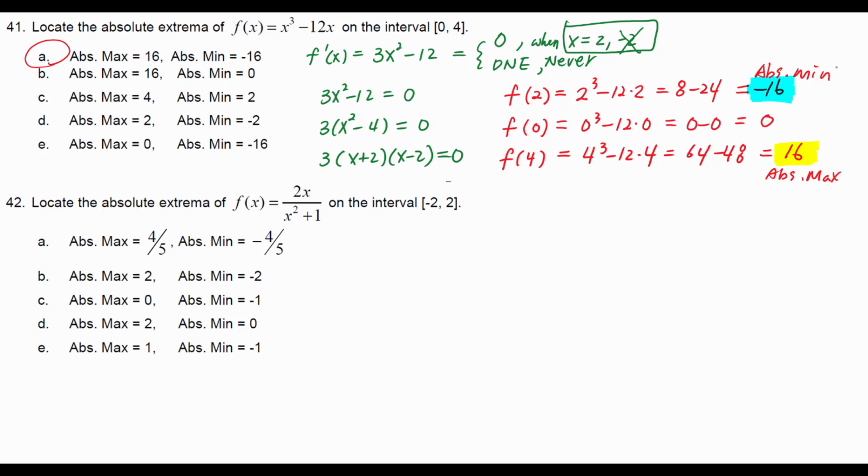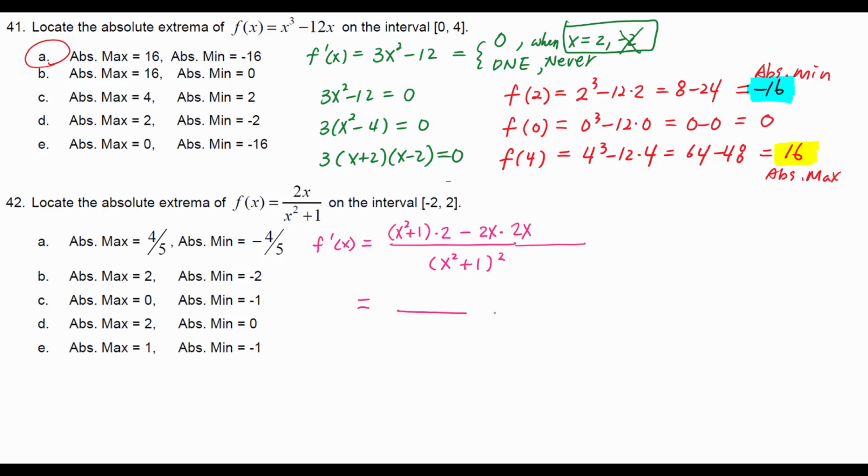So let's find the derivative first to find the critical numbers. F prime of x is equal to low, x squared plus 1, d high, the derivative of 2x is 2, minus high, 2x, times d low, the derivative of the denominator is 2x, over the square of the below. So I'm going to square the quantity x squared plus 1.